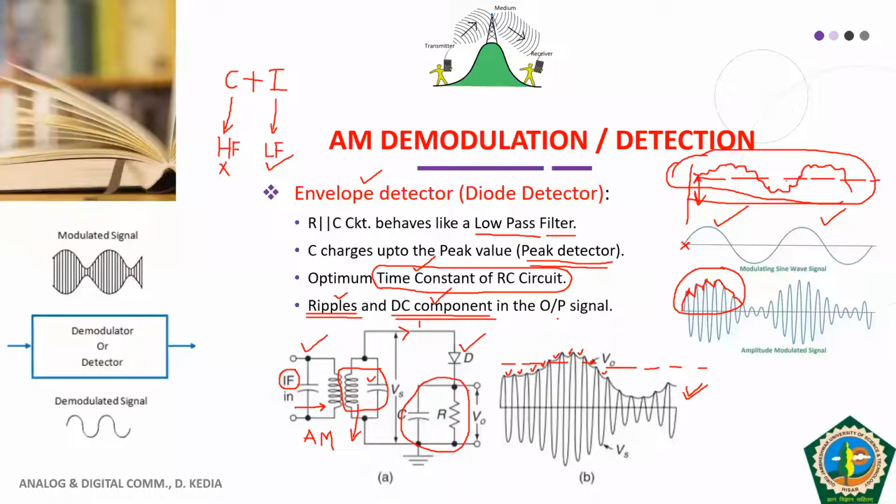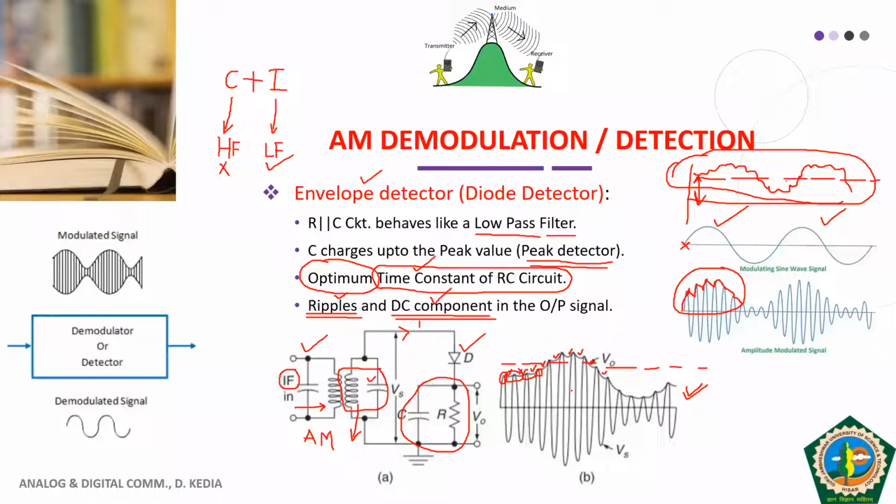So we will have to decide the optimum value of the time constant. We cannot keep it too small or too large, because if we keep it too small, then your capacitor will instantly charge and it will not be able to keep pace with the peaks. So if your time constant is too small, then peaks will not be easily identified.